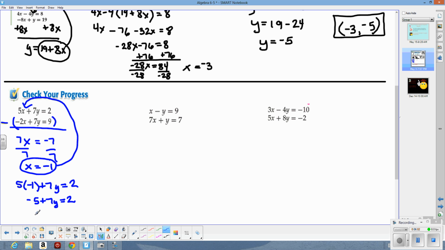Now you're going to add 5 to both sides to get y by itself. So 7y equals 7. When you divide both sides by 7, you end up with y equals 1. So the solution is negative 1, 1.